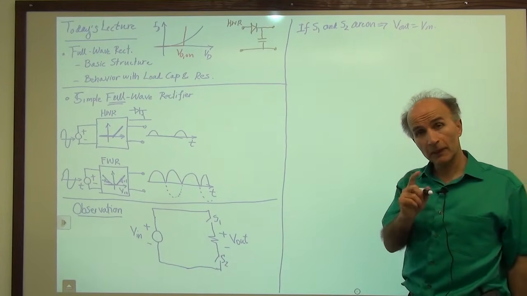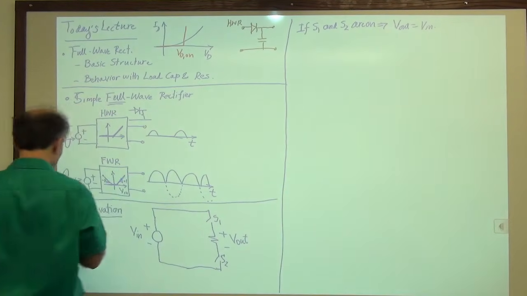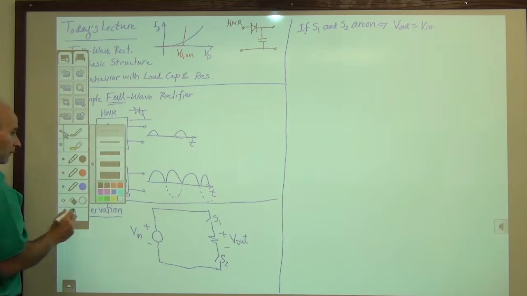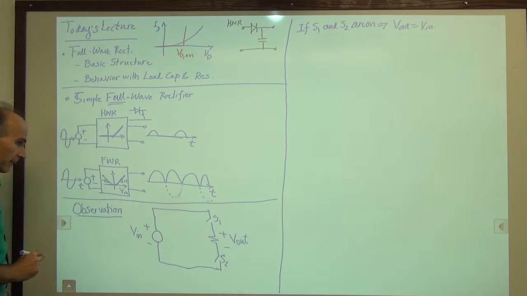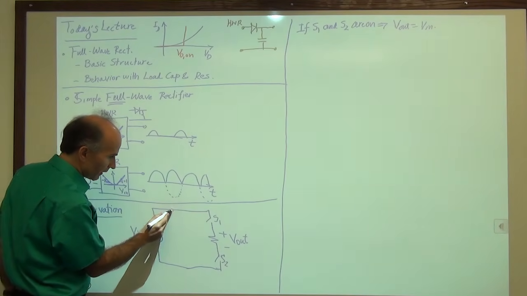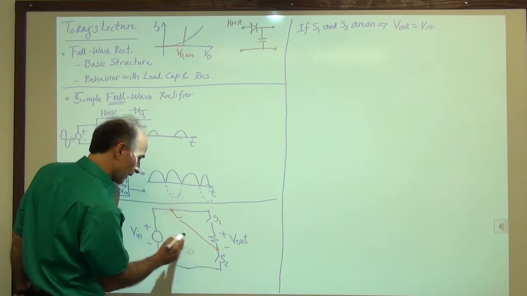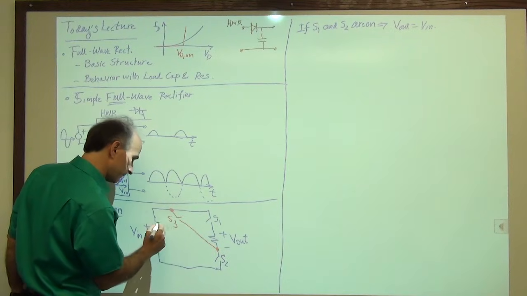All right, now let's make the problem more interesting. We will add two more switches, and for that I will change the color of my pen. So I will add a switch from here to here and call it S3.